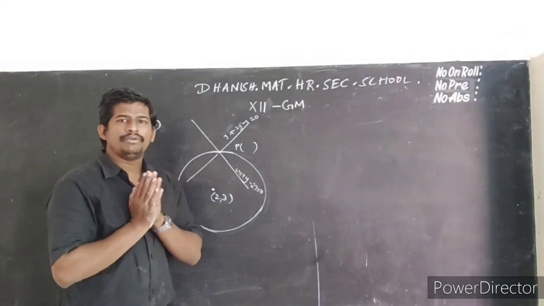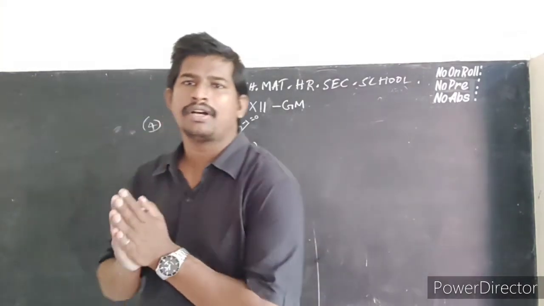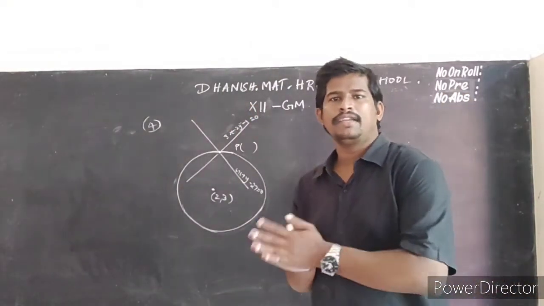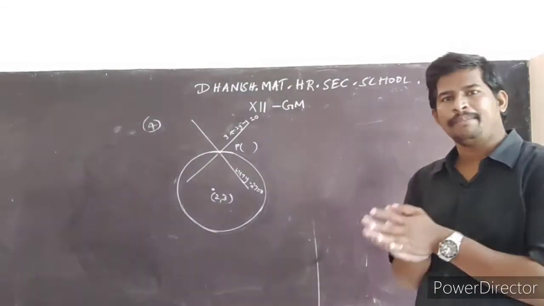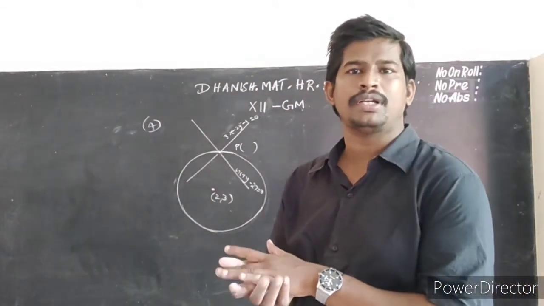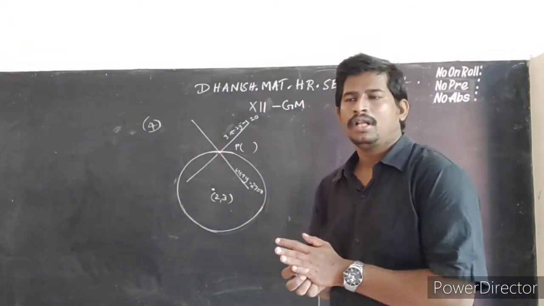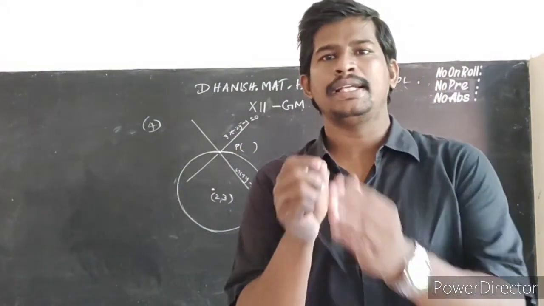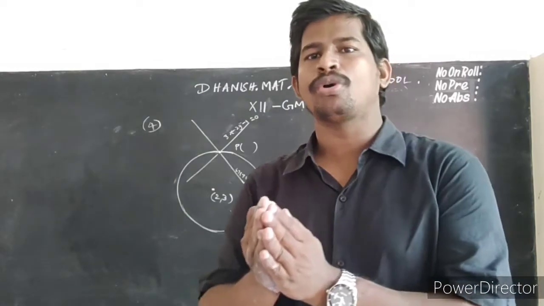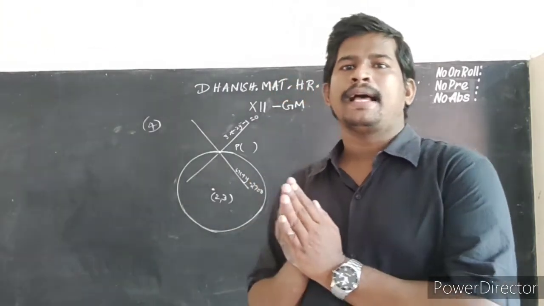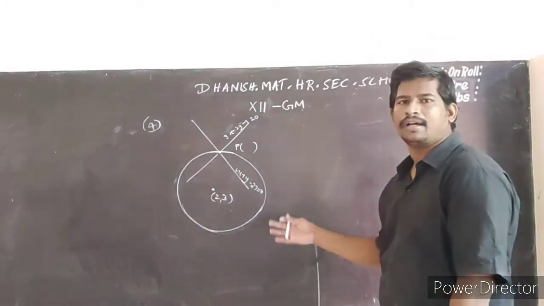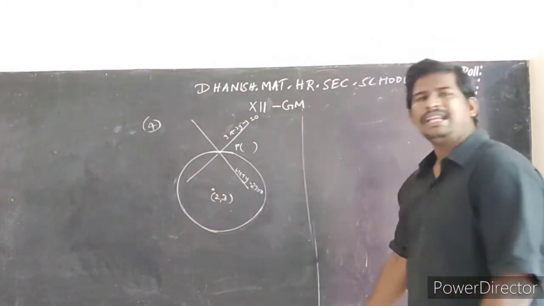If you want to find the point of intersection of the given lines, we should solve the two equations by the elimination method, cross multiplication method or any other method. Here I am going to use the elimination method.